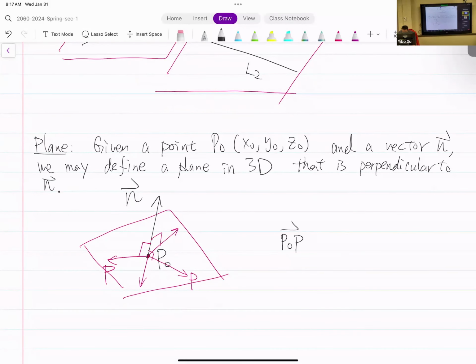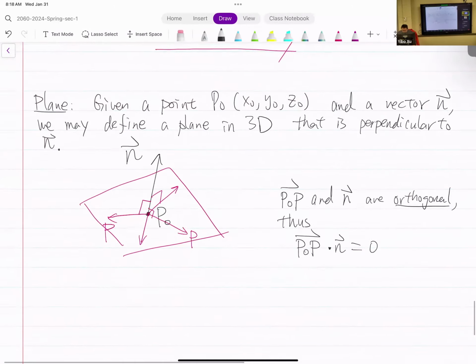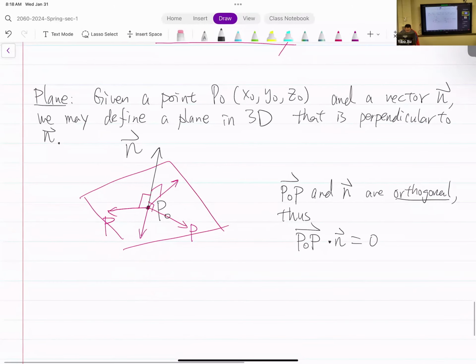So P0P and n are orthogonal. So they're always perpendicular to each other, no matter what that point P is, right? So thus, to put them down, we can express it in the dot product. Okay, so P0P as a vector dotting with n is always 0. When they're always orthogonal or perpendicular, they just dot and always get a 0. Okay.